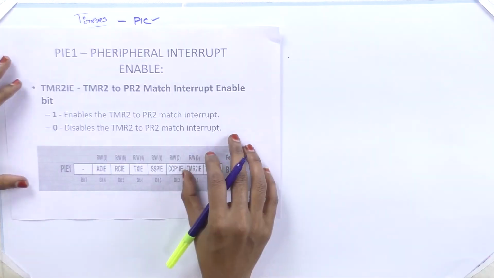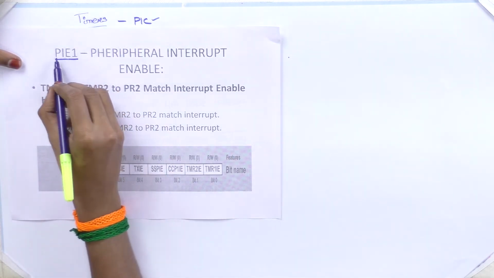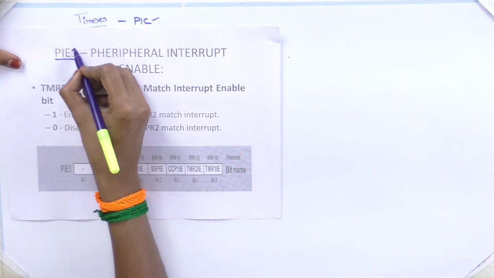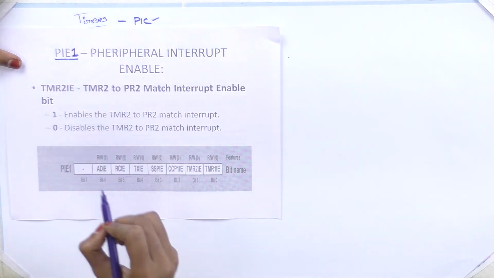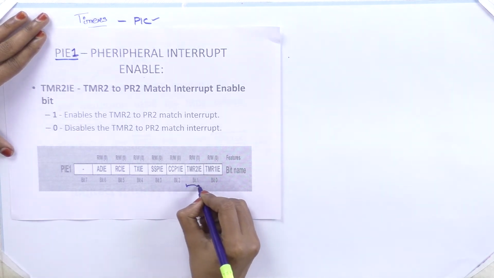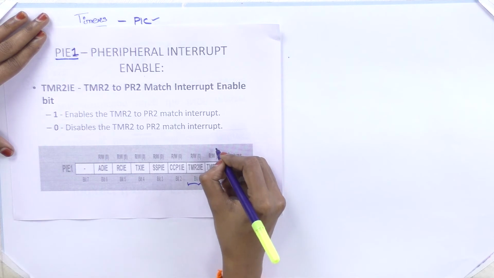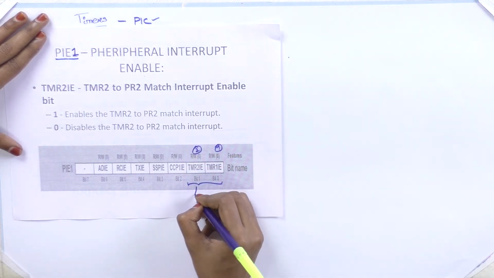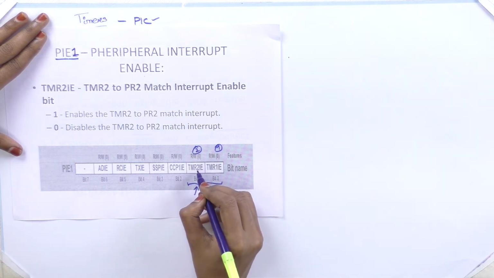The next register that we are going to see is PIE1, the peripheral interrupt enable register 1. In this register, bit number 0 and bit number 1 are meant for Timer 1 and Timer 2. Now, we are discussing only Timer 2.